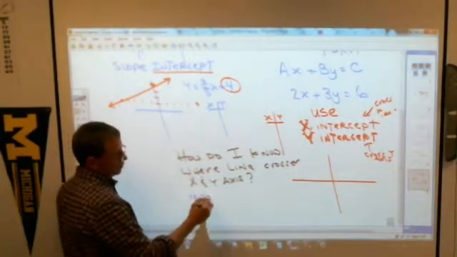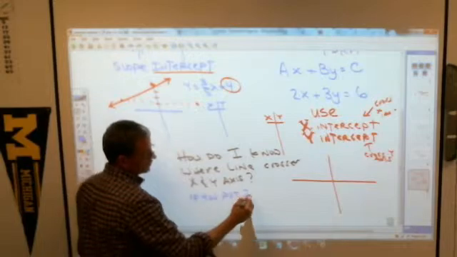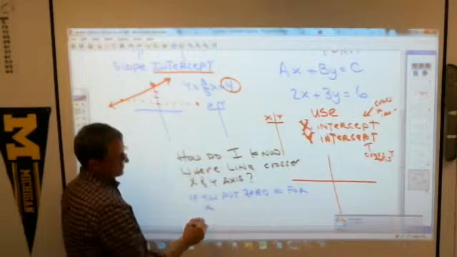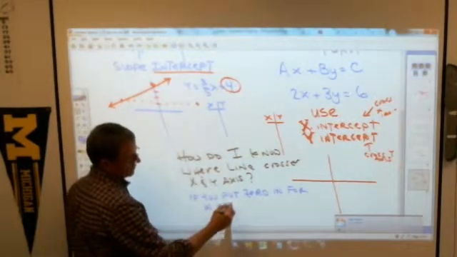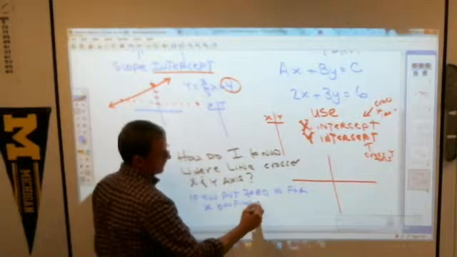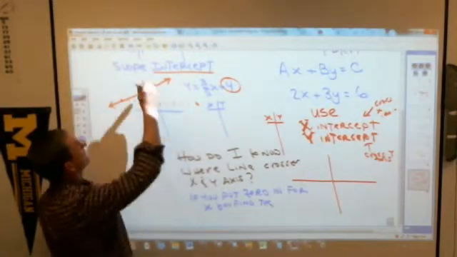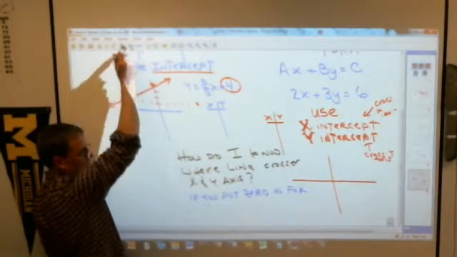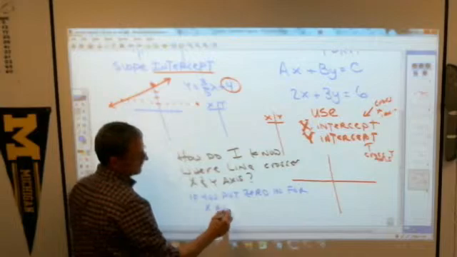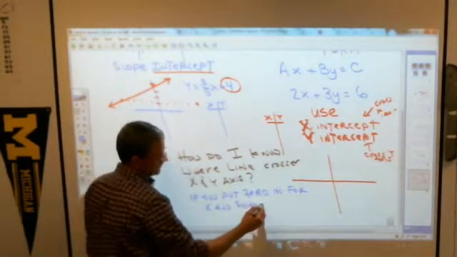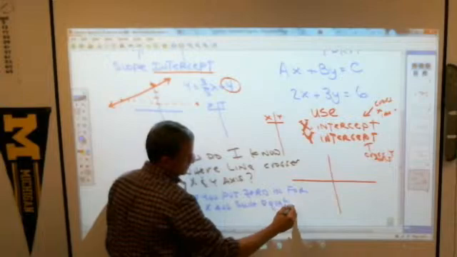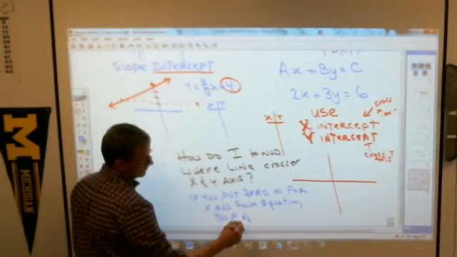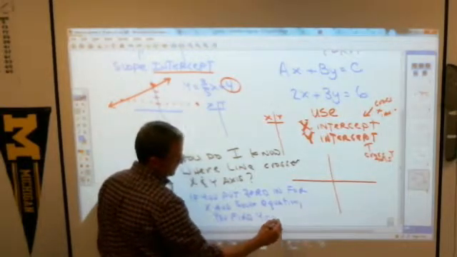If you put 0 in for x and solve the equation, you find the y-intercept.